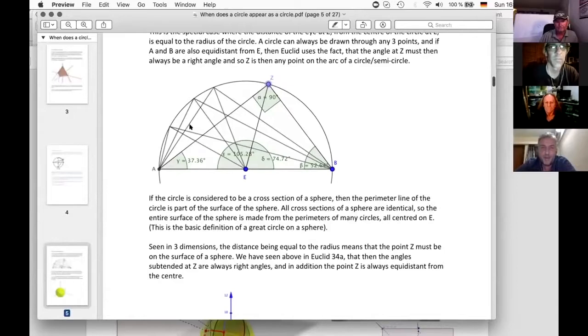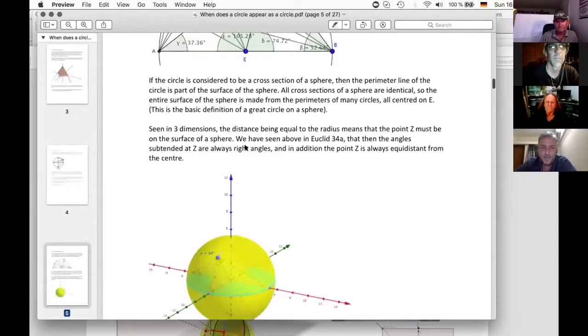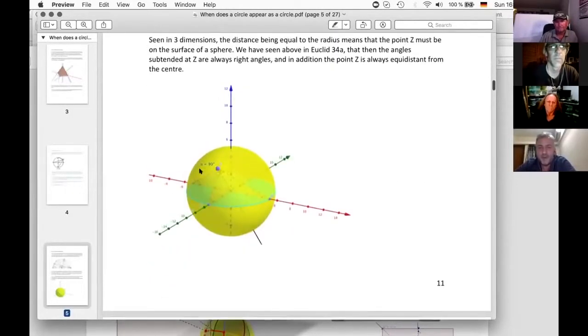It doesn't matter where you are. What it means is that if you are anywhere on a sphere that has the same radius as the circle you're looking at, the circle I'm looking at is this green one, and the eye is on the surface of a sphere, it doesn't matter where I go on this sphere, this thing is always going to appear as a circle to me.